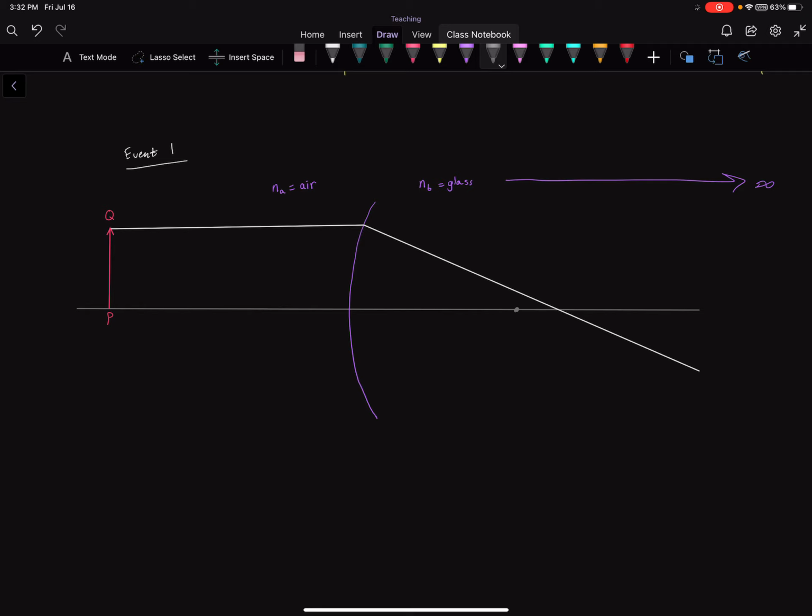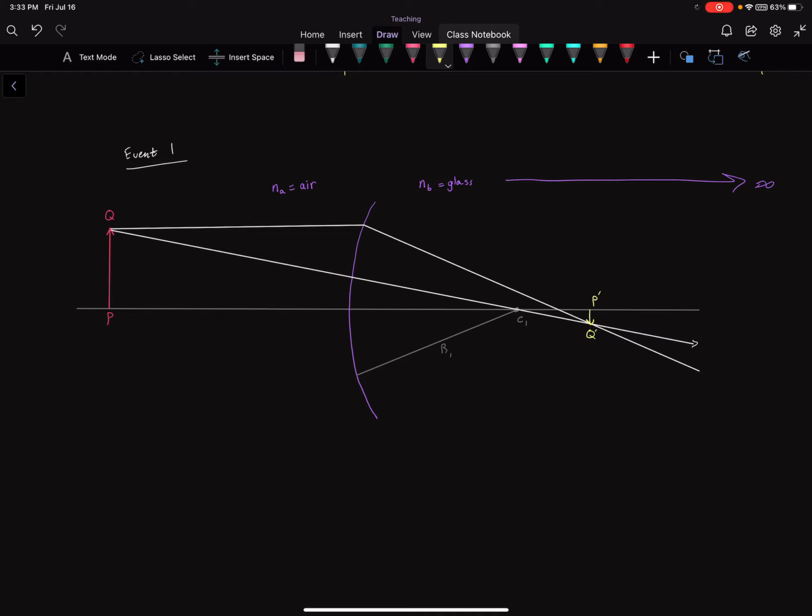Doesn't seem like it would be there, but just imagine I drew the lens differently, such that it is there, which means that this is going to be our radius R1, and we have another ray coming from the tip of the arrow that's going to go right through that center of curvature to here. All right, and we have an intersection point. So that's Q prime and P prime, right?